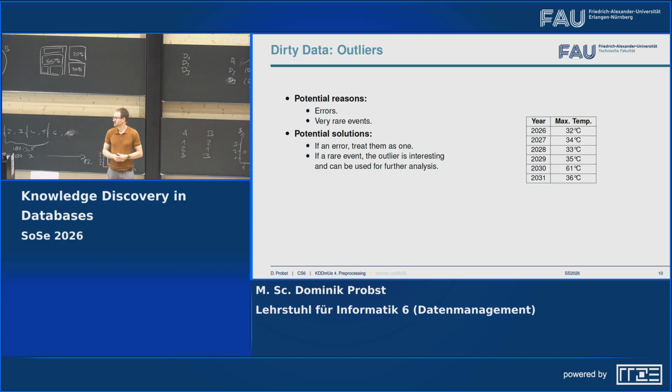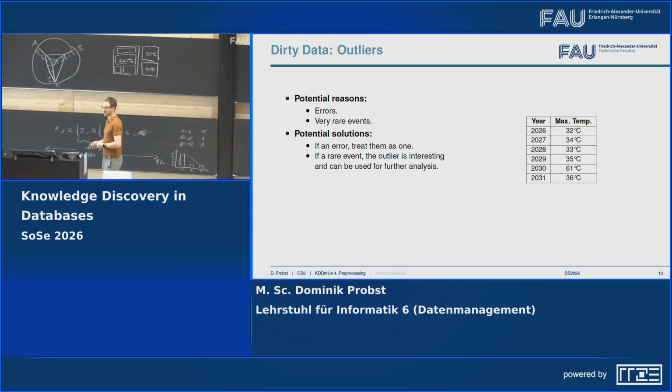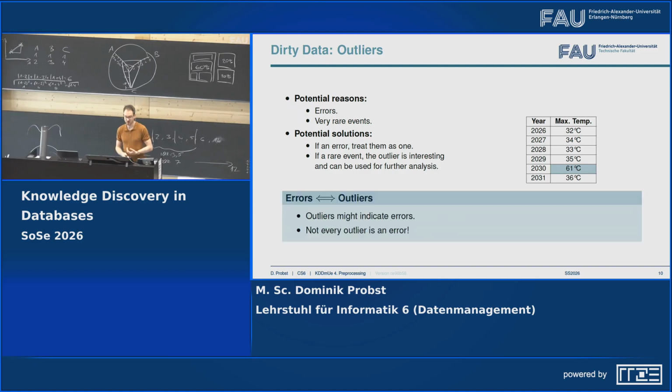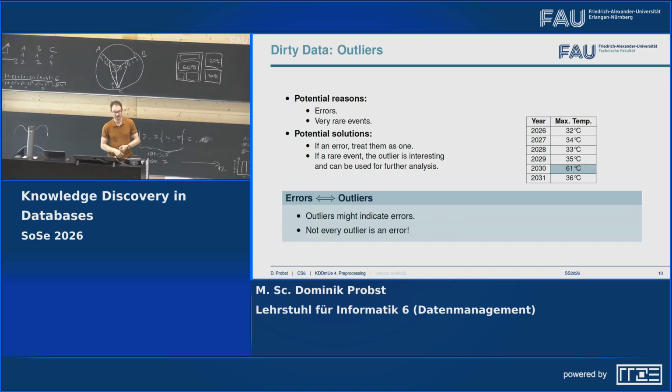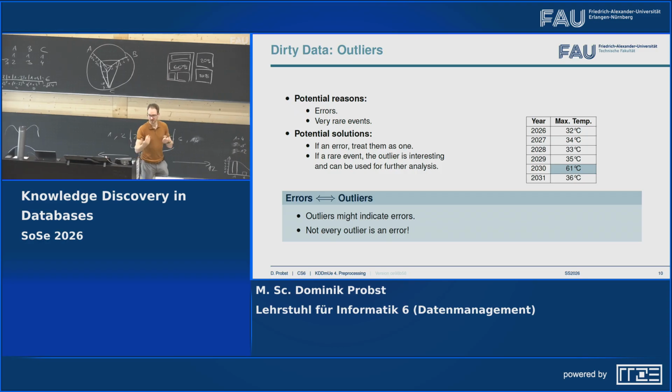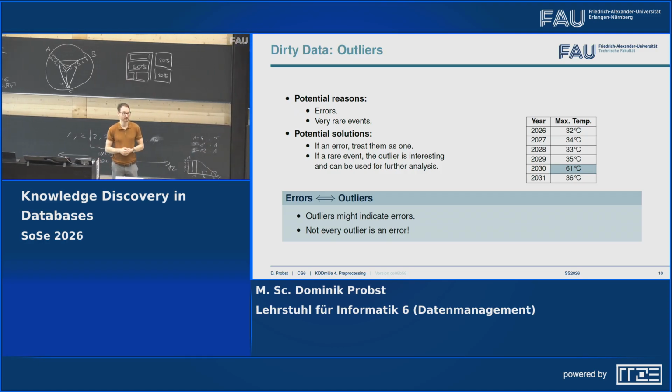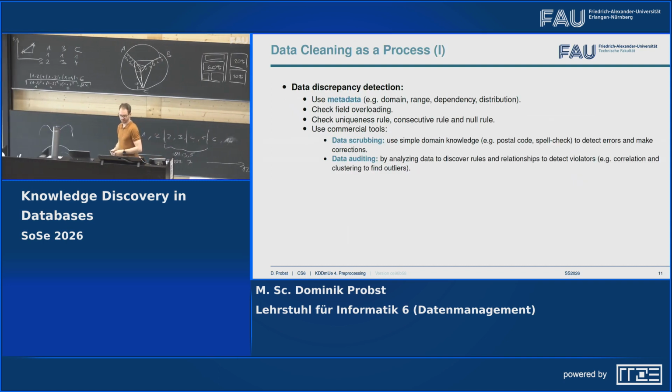If you know about a very high temperature outlier that might occur in a certain country, you might want to prepare for this specific case, if it happens again, for example. So outliers are very nice to know about because either they indicate an error or they are a rare event to know about.